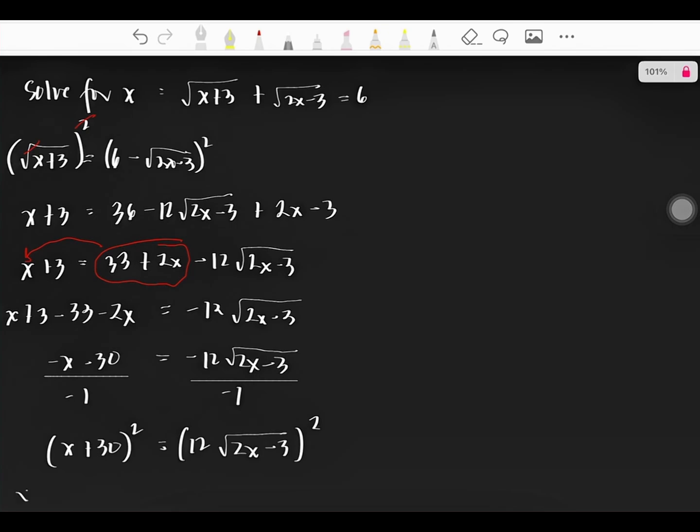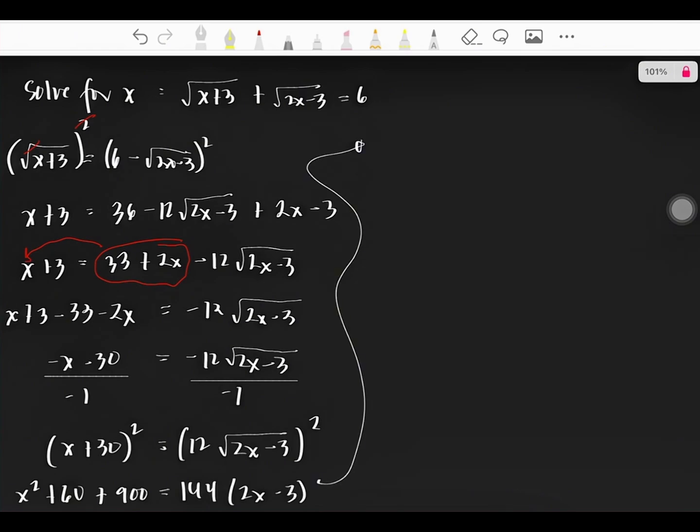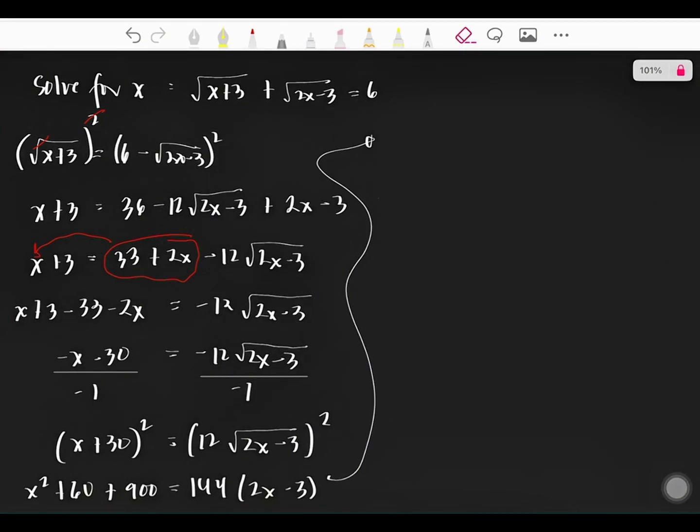Now we have x squared plus 60x plus 900 is equal to 144 times 2x minus 3. Again, let's simplify it. Let's distribute our 144 to 2x minus 3.